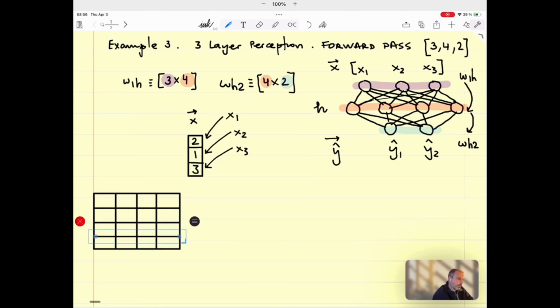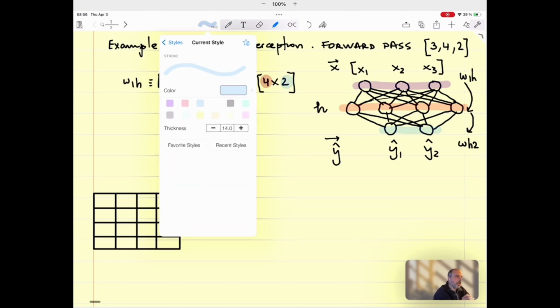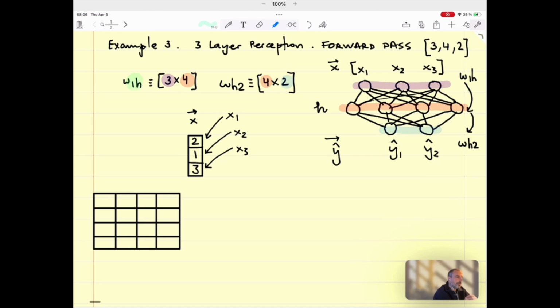Please have patience with me. I like it when it's pretty. So, as we said, our first weight matrix is going to be 3 by 4, okay. So this is going to be our weight matrix. And then we have our bias as usual, okay.